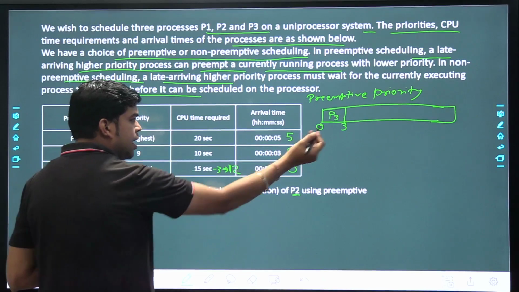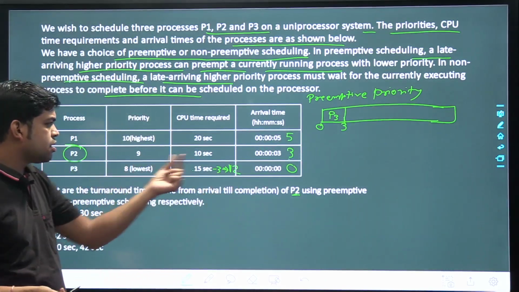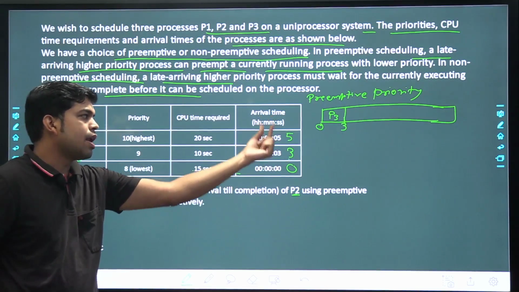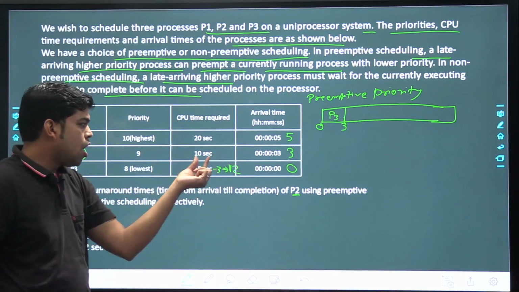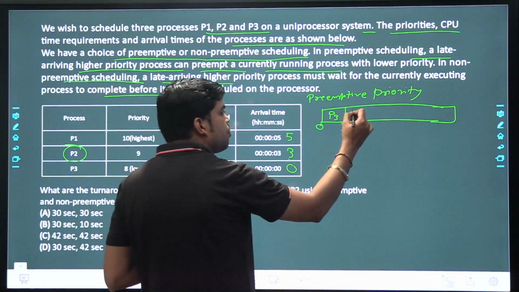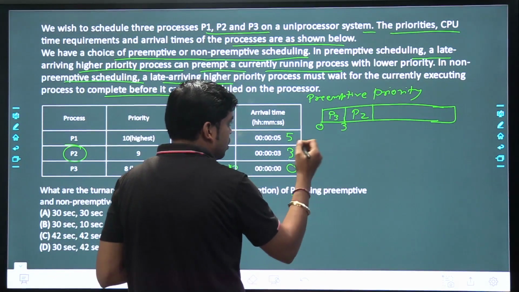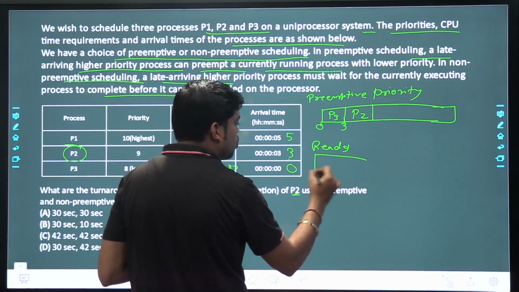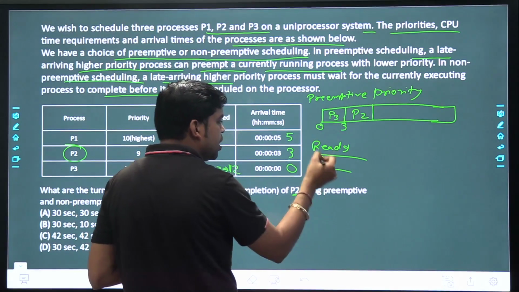So at time 3, P2 arrives, because the arrival time of P2 is 3. The priority of P2 is greater than P3, so we allocate the CPU to P2, and P3 is stored in the ready queue.